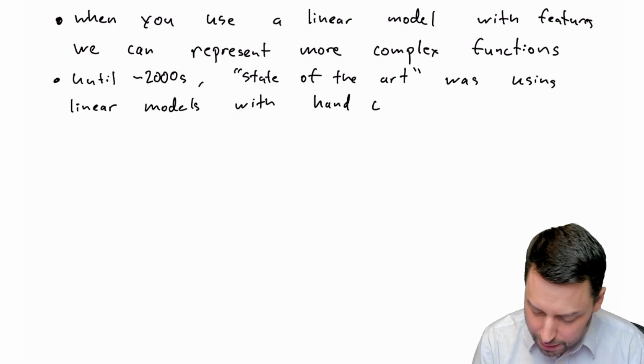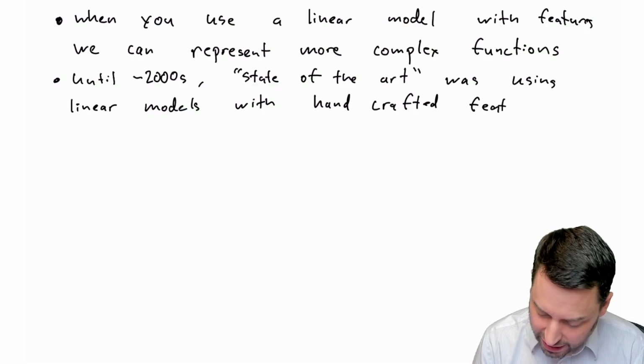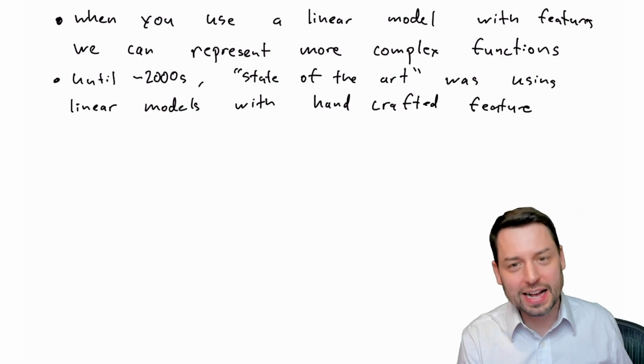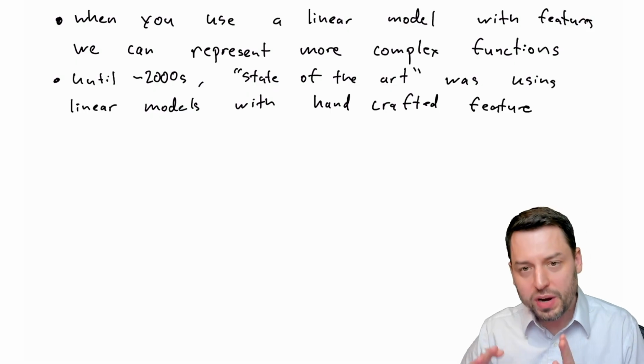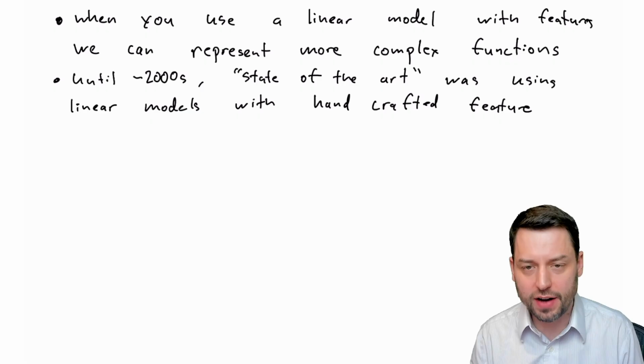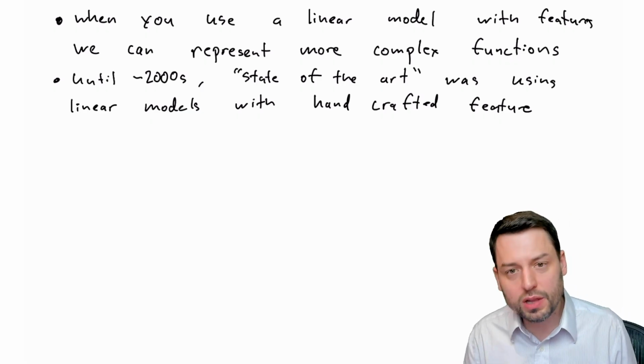So we developed features for things like images, for things like sound, for things like email classification, all this stuff. People would hand design features and then apply a linear classifier on top of that. And at least when I entered the field of machine learning, this really was the state of the art.